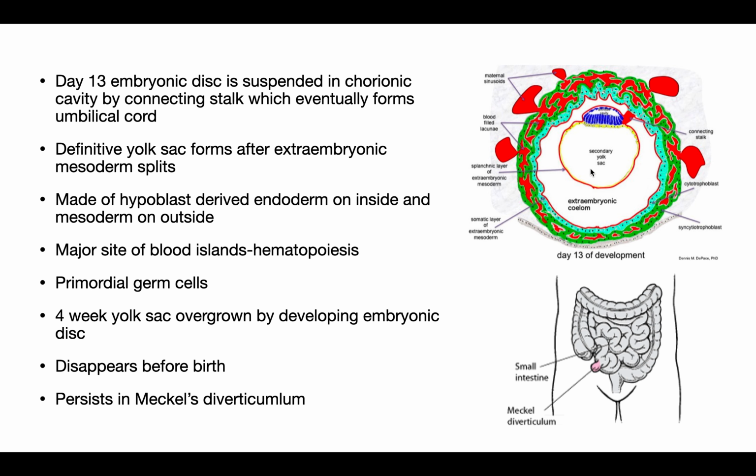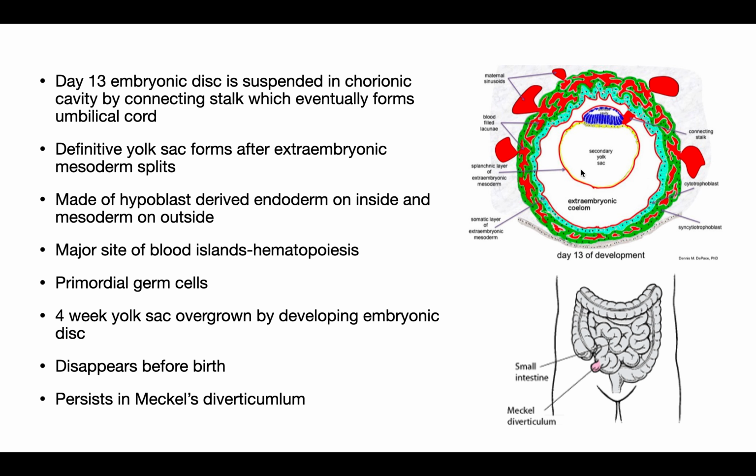And the yolk sac is going to be the primary source of the blood islands, which are where blood cells develop. And they are also the progenitors of the primordial germ cells.